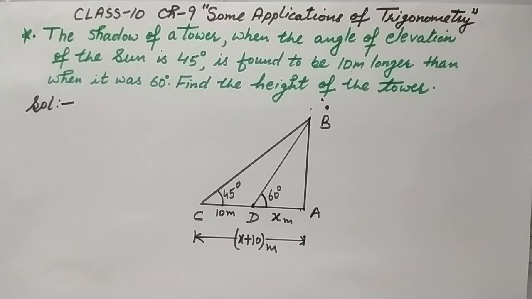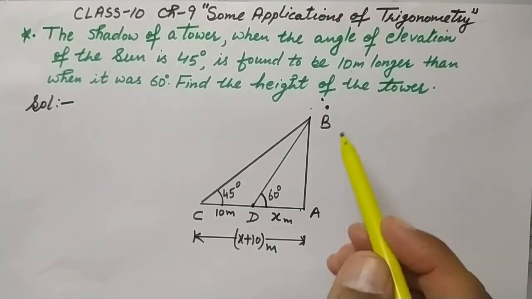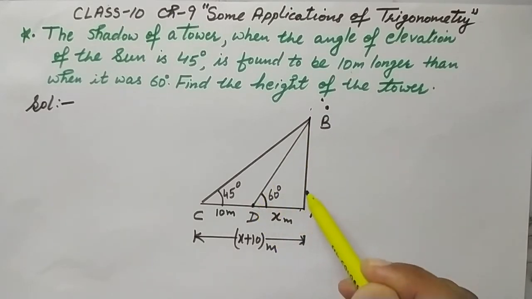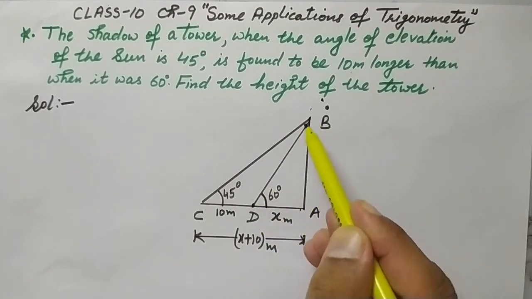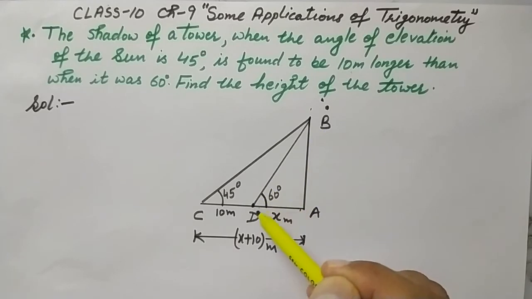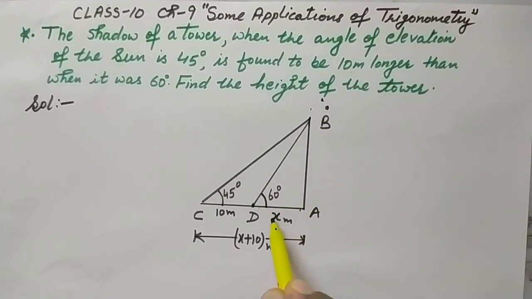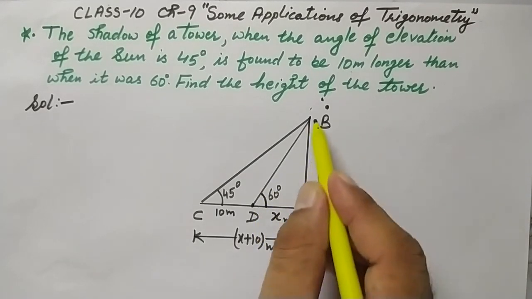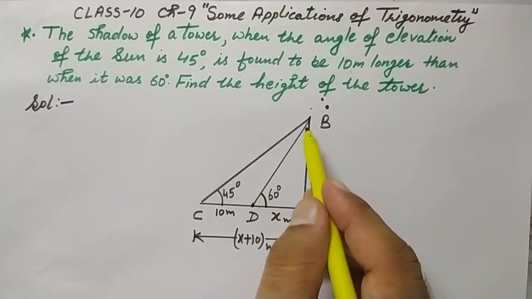So I will tell you how to find the height of AB. In the small right angle triangle ABD, we will find the value of x in terms of AB.